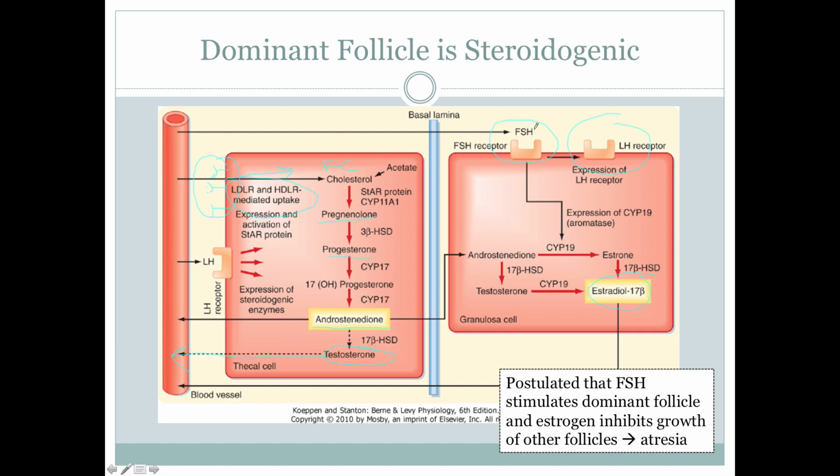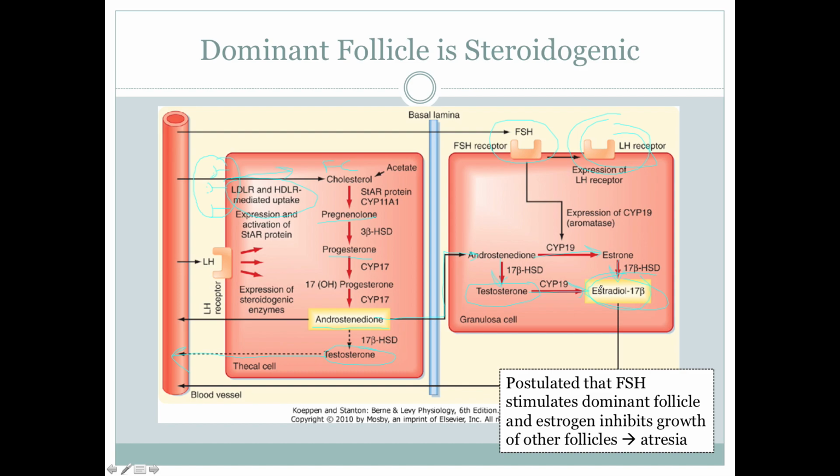And then the FSH receptors, LH receptors, those help drive the estradiol production. So in addition, we've got the androstenedione coming over here to help with modification into estrone, which is modified into estradiol, and then testosterone is also modified into estradiol, as we saw in the male physiology.